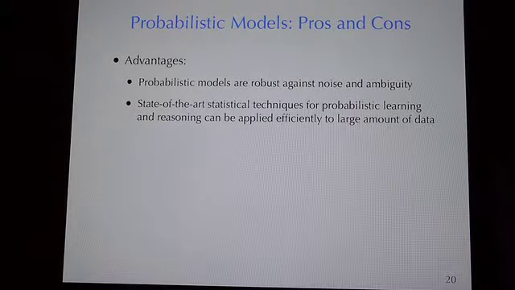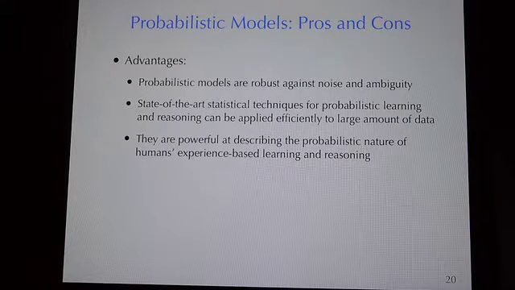They have become very advanced and very efficient thanks to their commercial applications. So state-of-the-art statistical techniques for probabilistic reasoning and probabilistic learning now can be applied efficiently to large amounts of data, which allows us to build cognitive models that are actually scalable and realistic in terms of the type and amount of data they can handle.